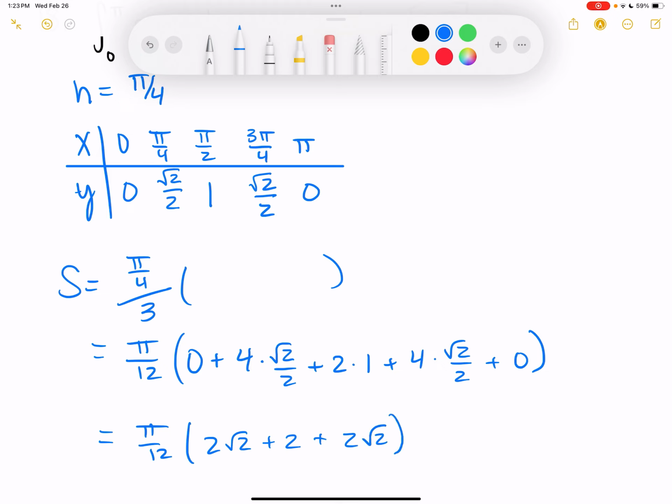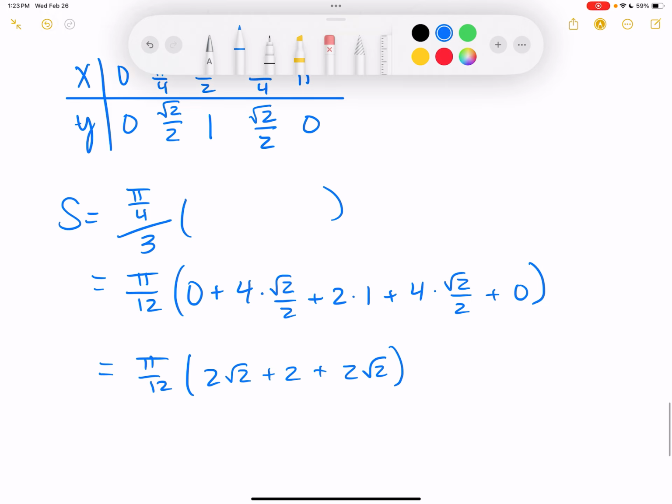How did you get the times 12? Pi over 4 divided by 3. You just play the 4 with the 3. And so this gives me 2.005 rounded.